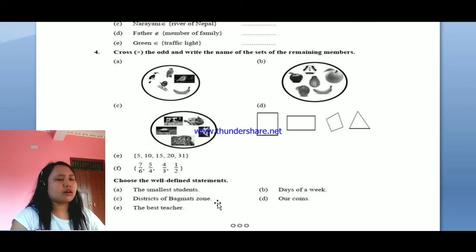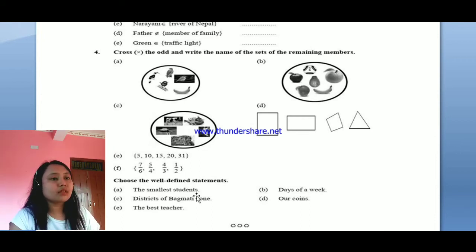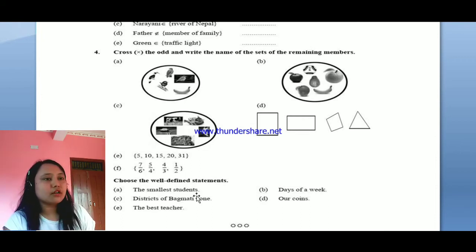"A smallest student": what does that mean? The smallest student can be 5 feet, or 5 feet 1 inch, or 4 feet, or the student can be 3 feet also.